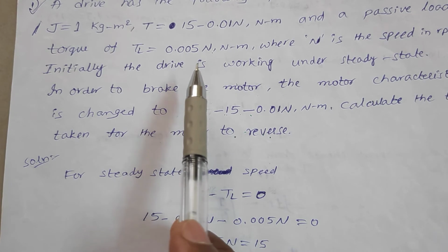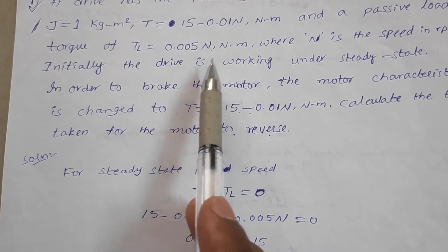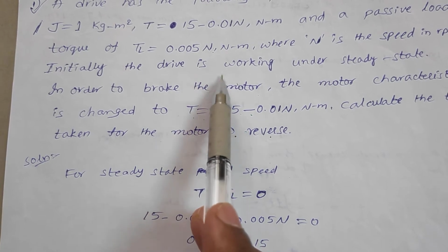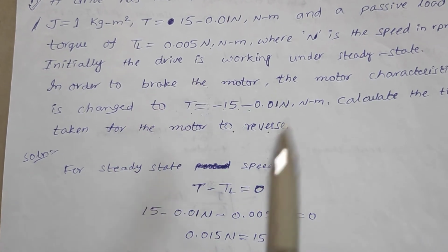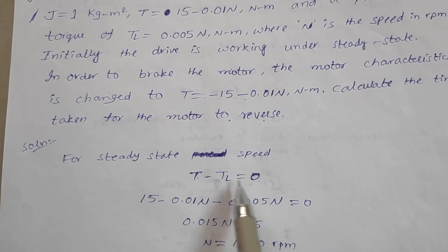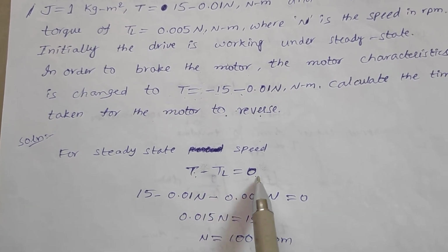That is nothing but J into d omega by dt, due to the inertia, and the friction. All other remaining torques are equal to 0 under the steady state condition. Hence the equation will become T is equal to TL, or T minus TL is equal to 0.